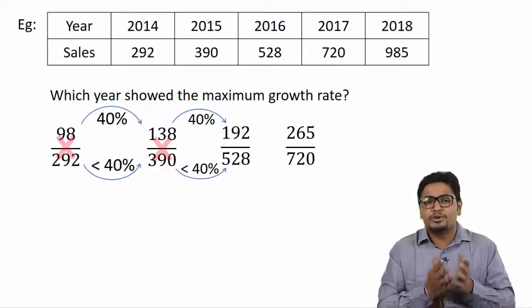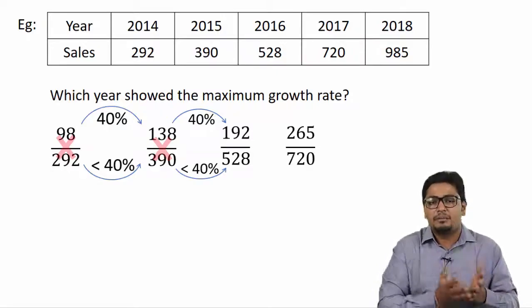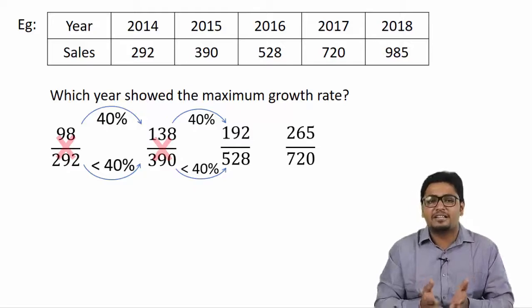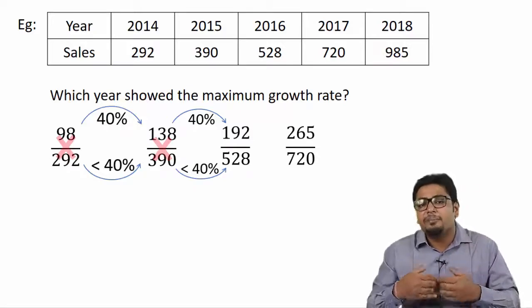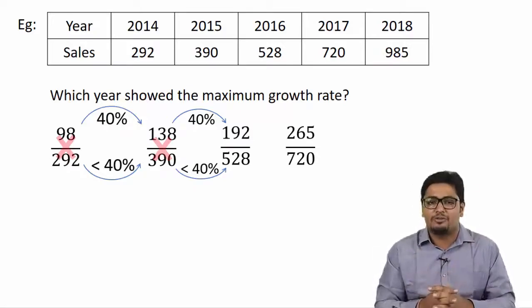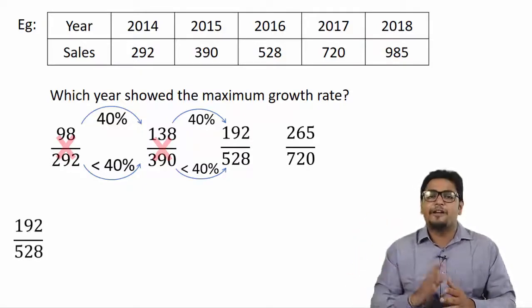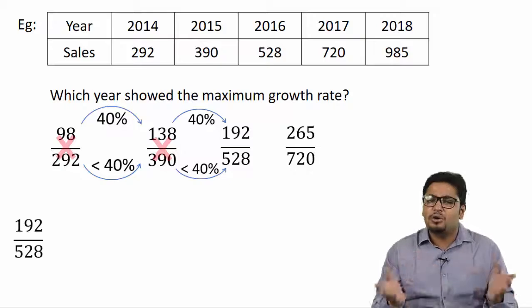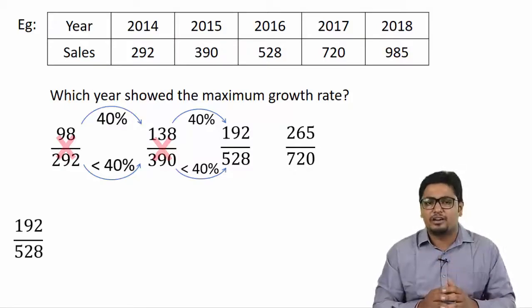If you want, you can use the same method to compare them, but just to brush up the techniques that we have learned so far, we compare them by finding their actual values. So we have 192 by 528 and we don't require to calculate the exact value, and also we don't have options.